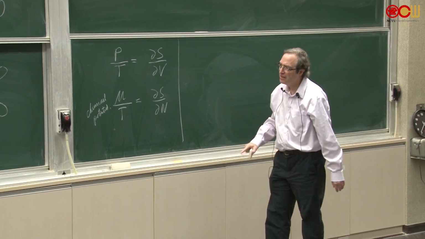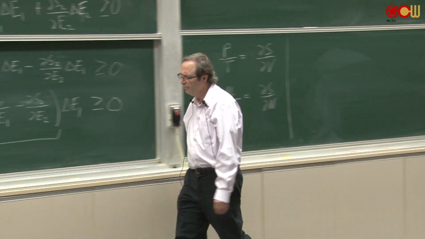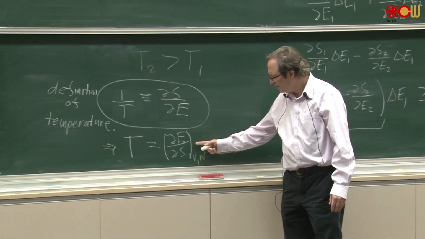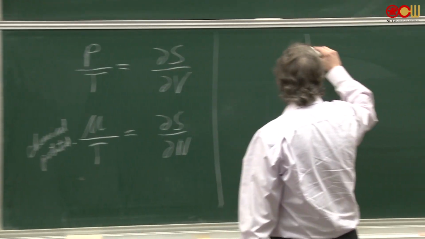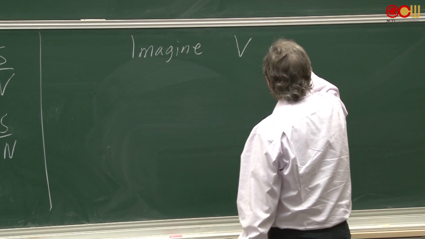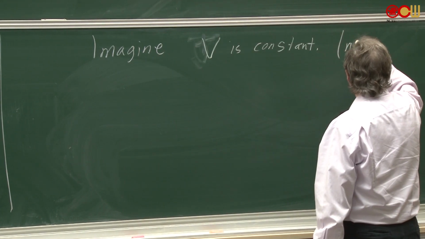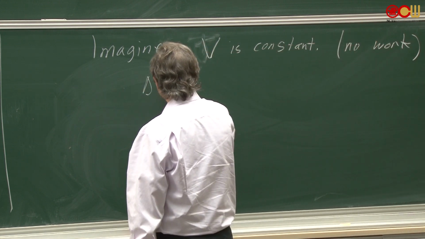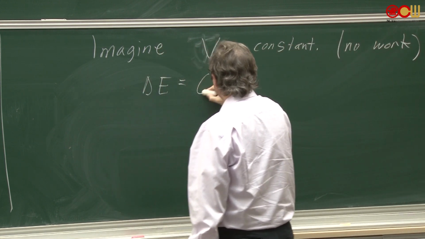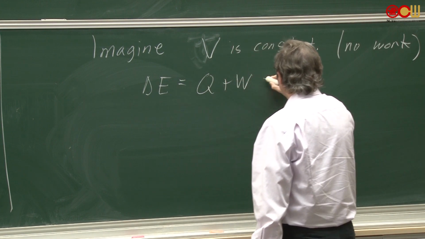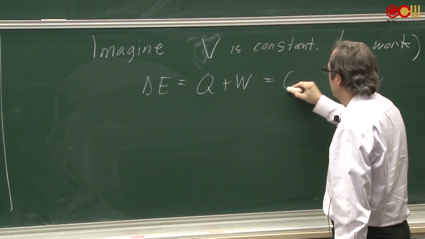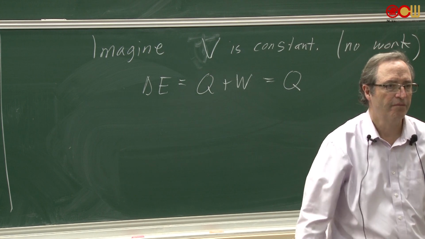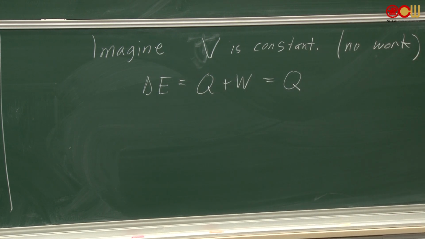All right, now I do want to take this thing. All right, let's take a look at this. Imagine V is constant, no work. All right, so we know that delta E is equal to Q plus W. And if there's no work, that's equal to Q, right? That's the first law, right?